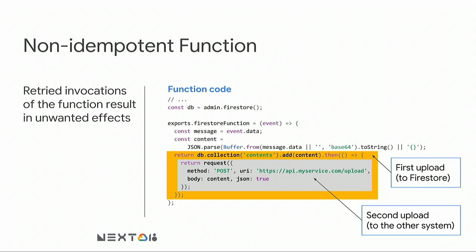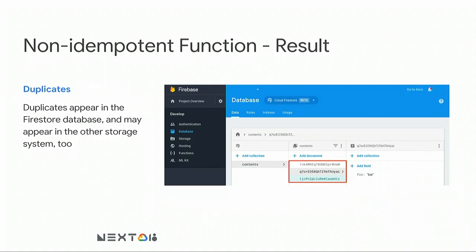One potential problem here is that if the upload to Firestore succeeds and the upload to the other service fails and the function is retried, another document with the same contents will be added to Firestore. So we'll have a duplicate, which can also be seen in the Firestore database viewer.